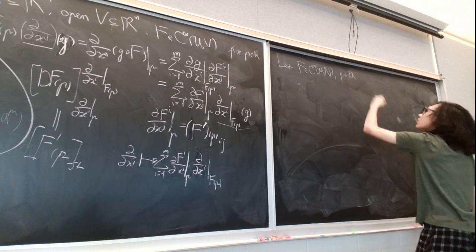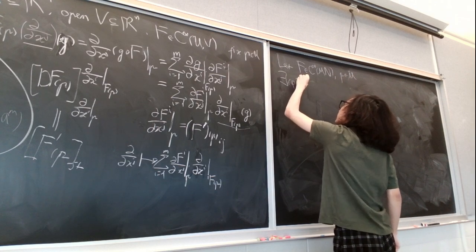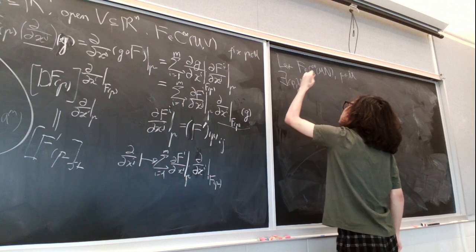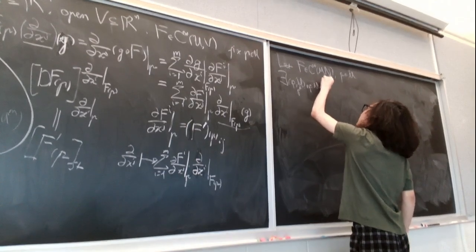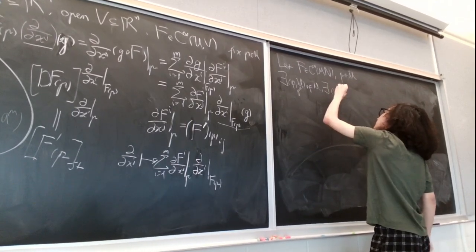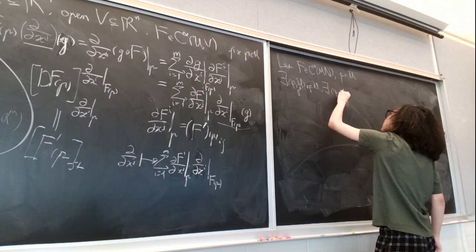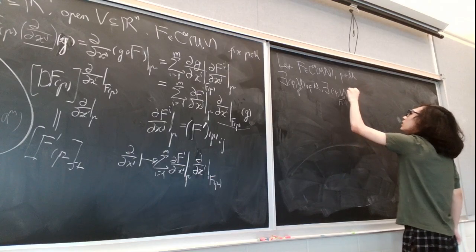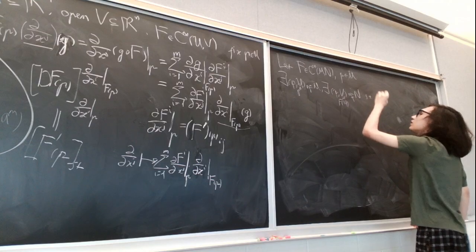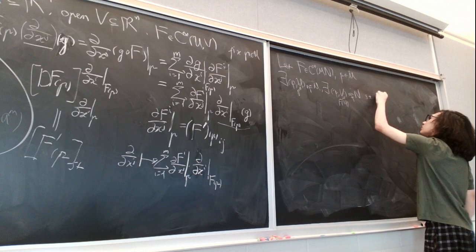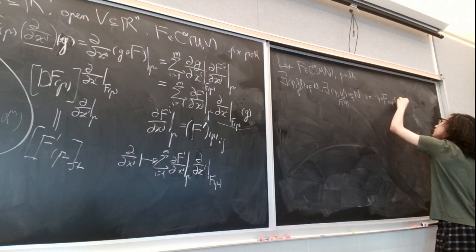By smoothness, there exist charts phi, U of M such that p is in U, and psi, V of N such that the image of U under f is a subset of V, such that our composition psi of f of phi inverse is smooth.